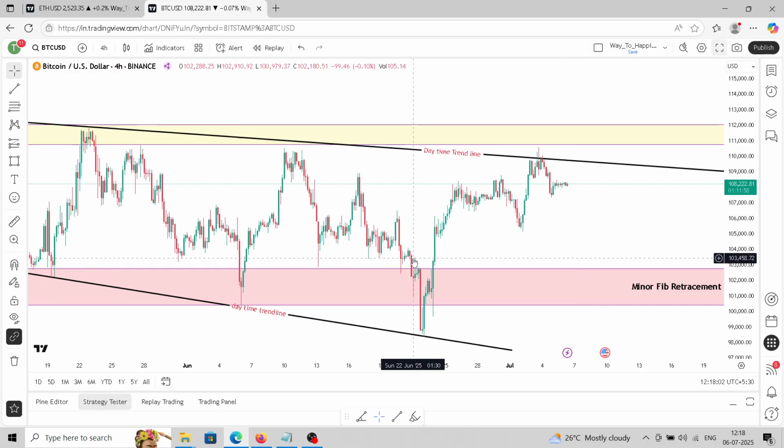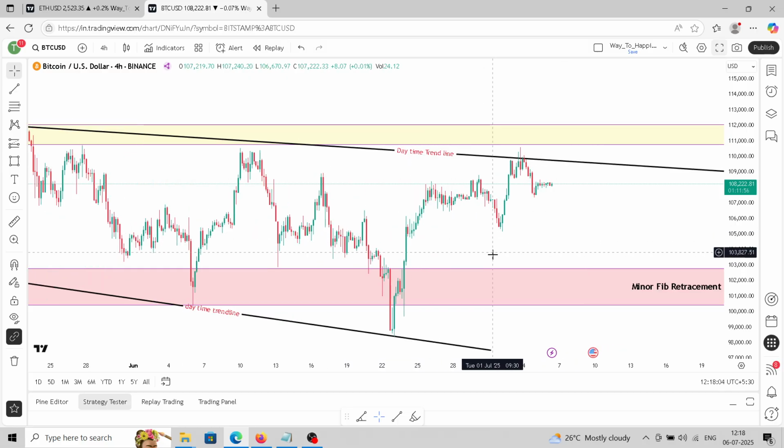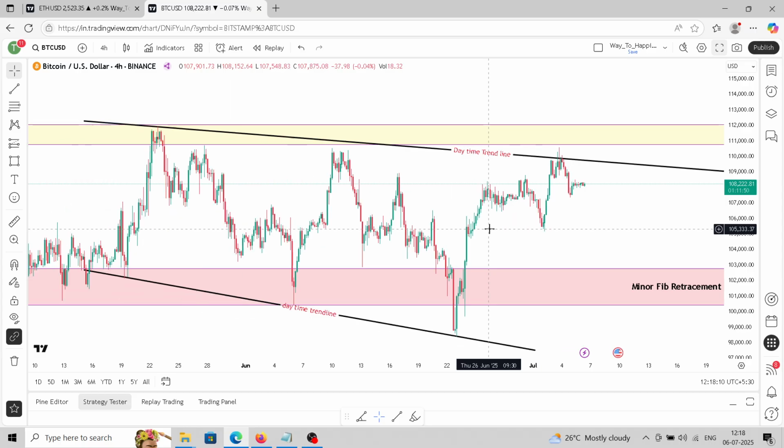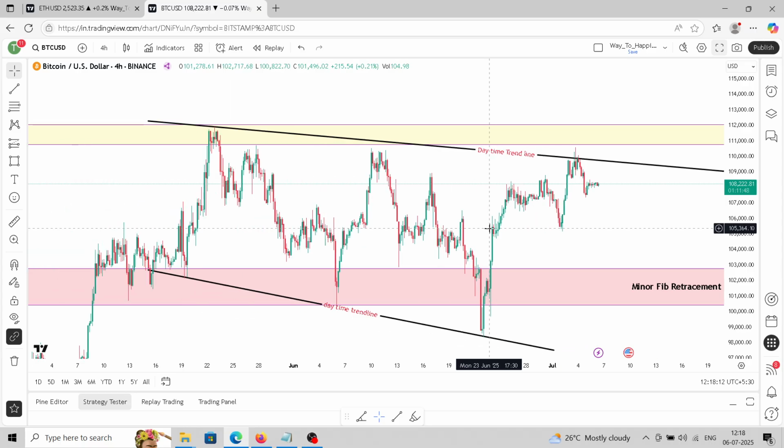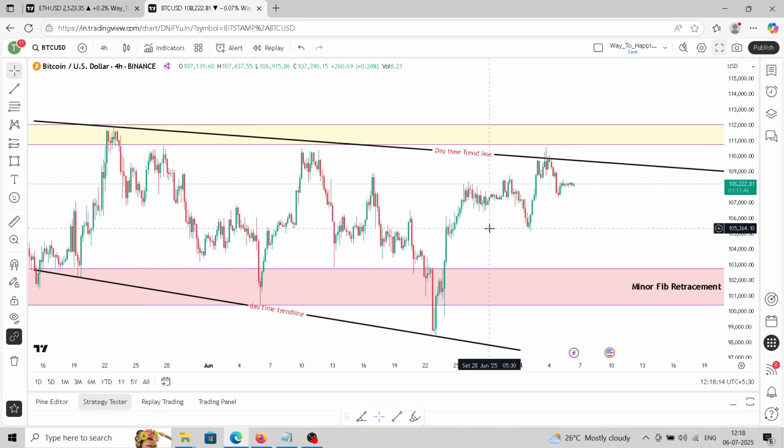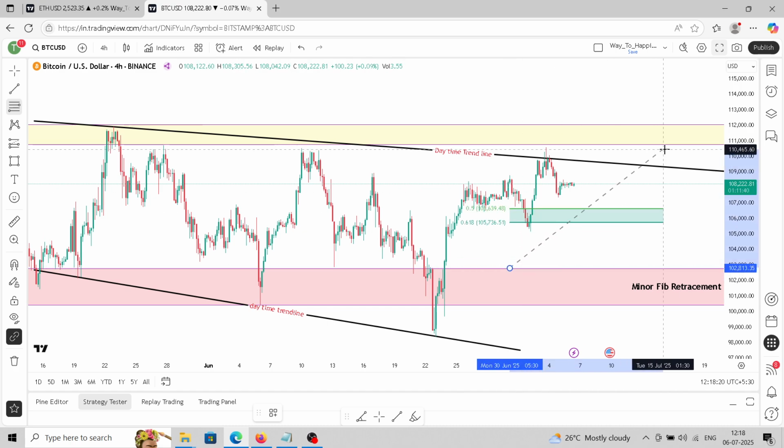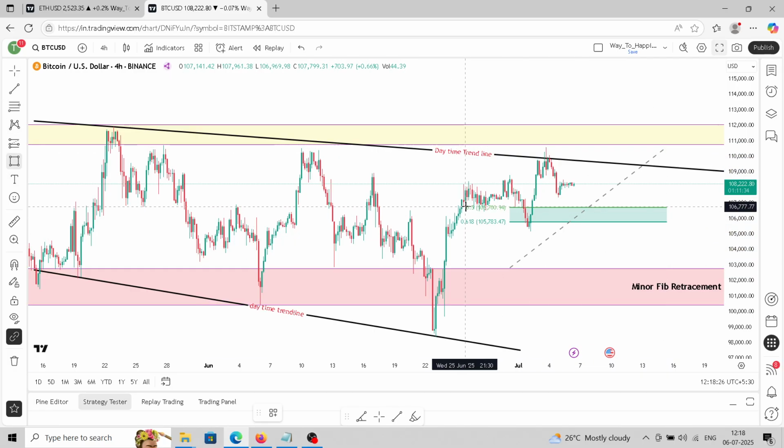So what we have to do is keep an eye on this trend line. Also, I'm seeing here that it is trying to take a support in this area. Let me put one fib here, 0.5 to the other high. It looks like BTC is trying to take a support here.